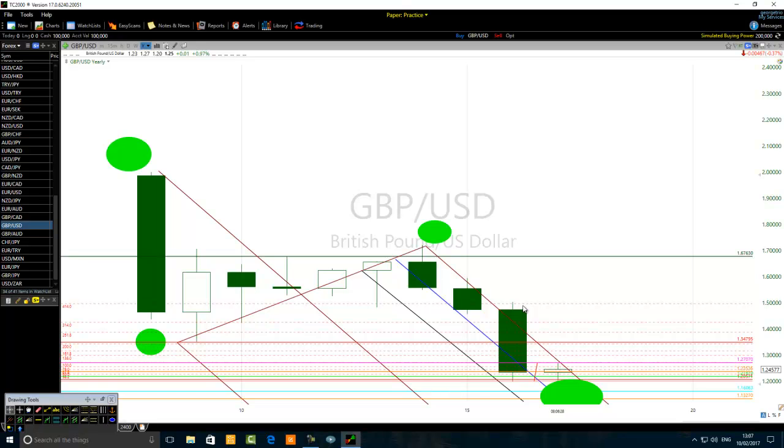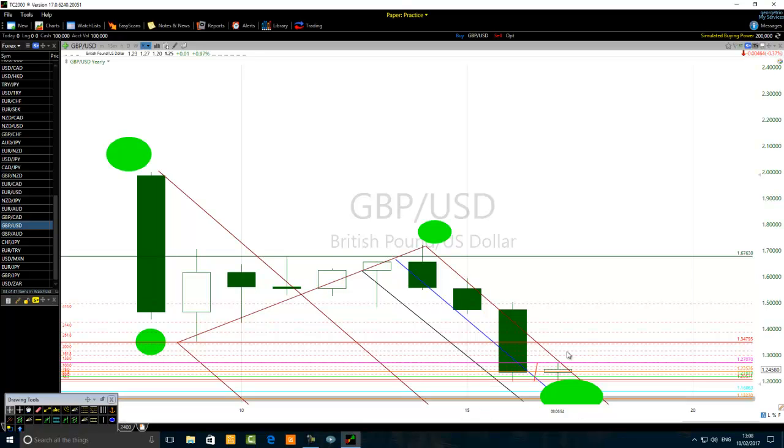We know that the United Kingdom will pull out of the Euro zone, and this is what we call the Brexit. So those two elements are creating a bearish sentiment towards the British pound US dollar currency pair.